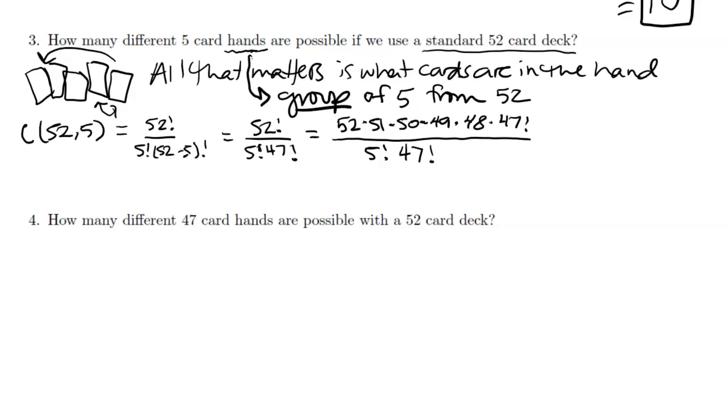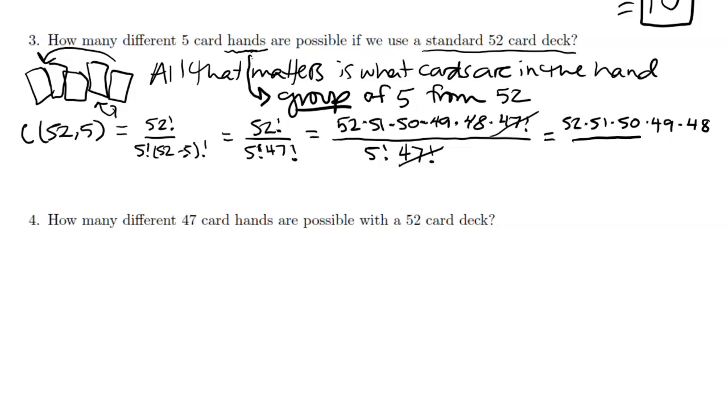Now I've got 47 factorial on the top and 47 factorial on the bottom. So we cancel all those numbers. There's a 47, a 46, 45, all the way down to 1. All get canceled out. All we're left with is on the top there's 5 numbers, 52 times 51 times 50 times 49 times 48.